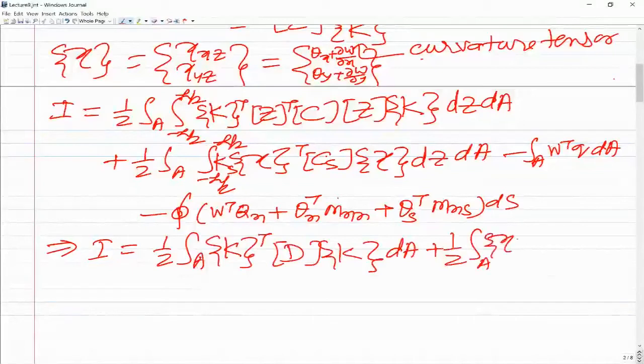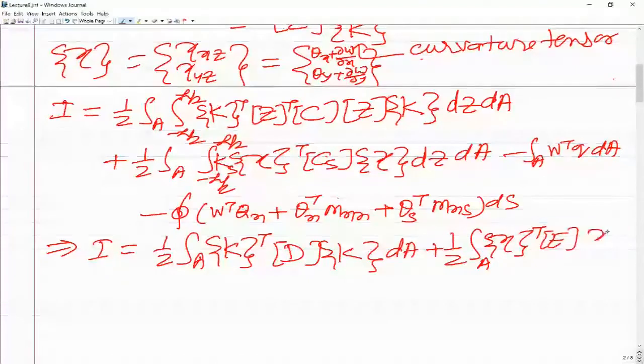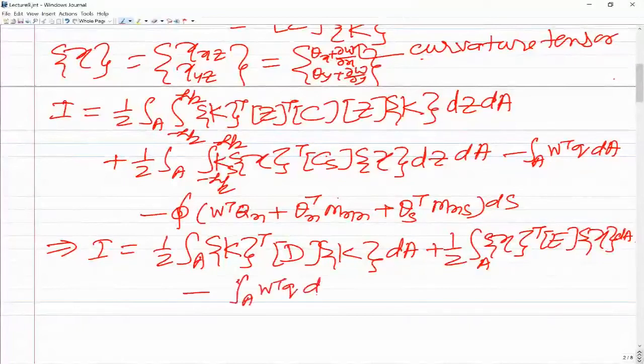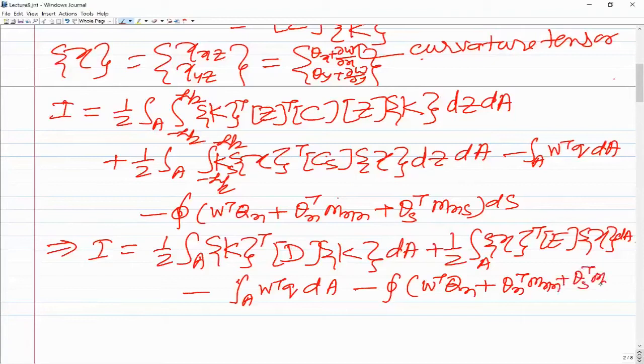This can be written as gamma transpose into E into gamma dA. And then we will have the other terms, that is, minus integration over area W transpose into Q dA, minus integration over the boundary W transpose into Qn plus theta n transpose into Mnn plus theta s transpose into Mns ds.